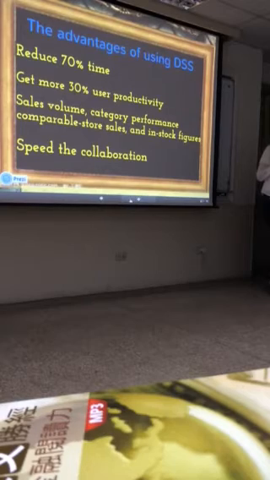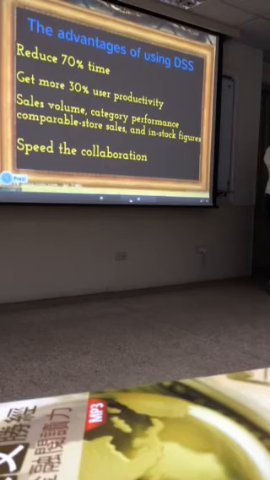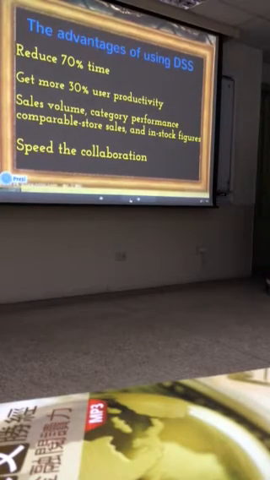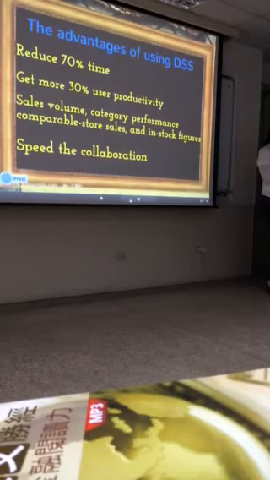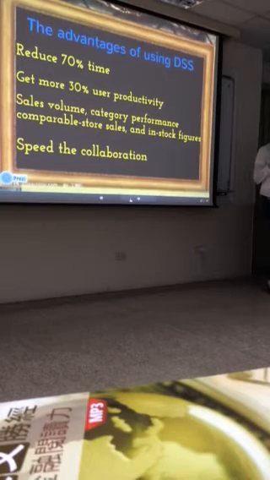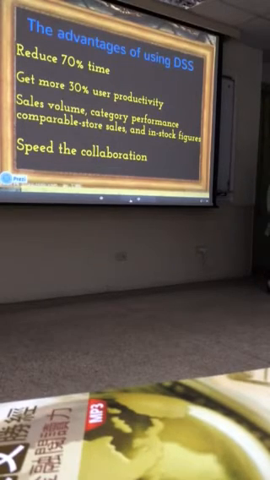And the last one is that using the DSS can speed up collaboration, because when there are a lot of people who decide the decision, and we have to satisfy all of them, the DSS can give us a way to solve the problem and satisfy all of them very quickly in a short time.